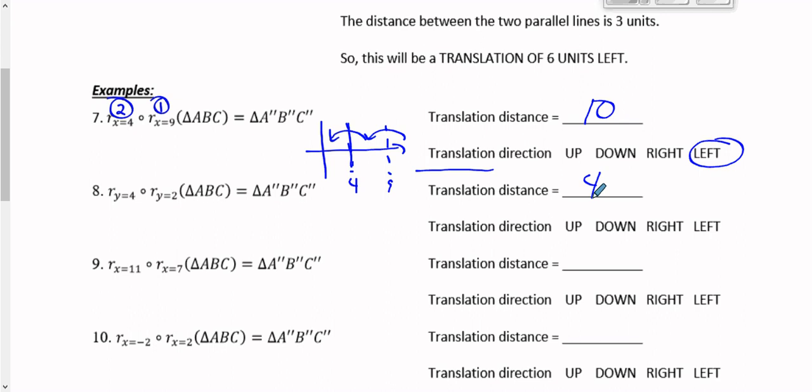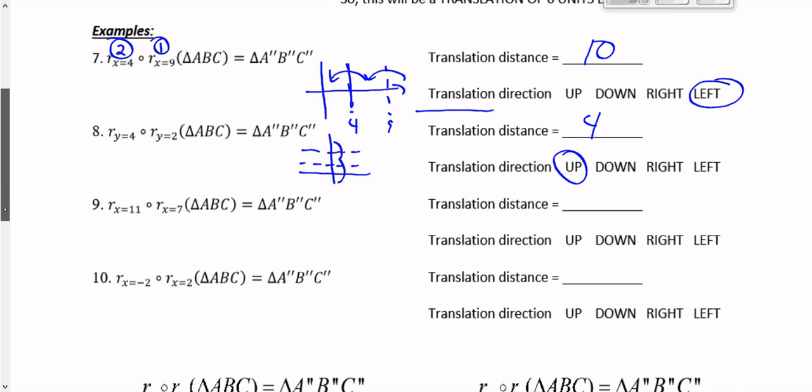What do you think? Up, down, left, or right? Guys agree it'll be up? If you have to draw a quick little sketch, do that, right? So we're going to go 4 up, right? I'll make it so if we did it like this, so here's y equals 2, here's y equals 4, right? So if we reflect here, it'll go there and there. Up. Okay? All right. This might be getting a little too long.